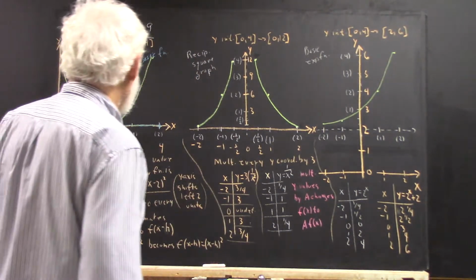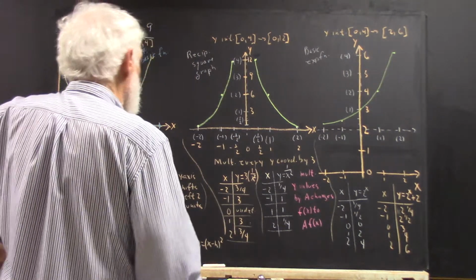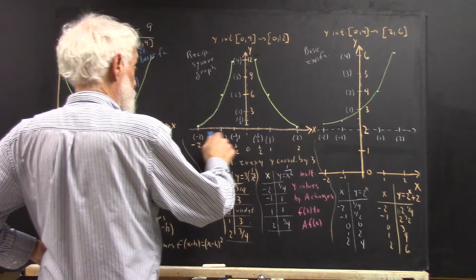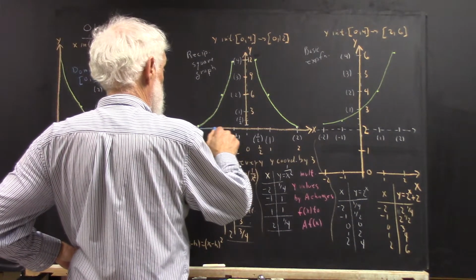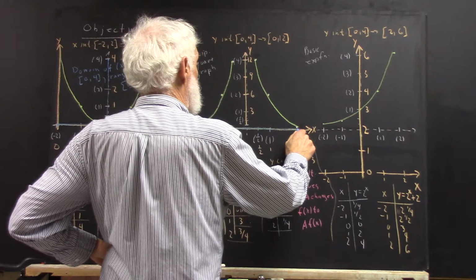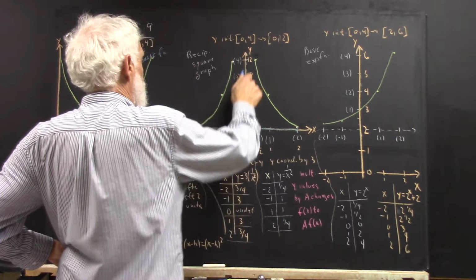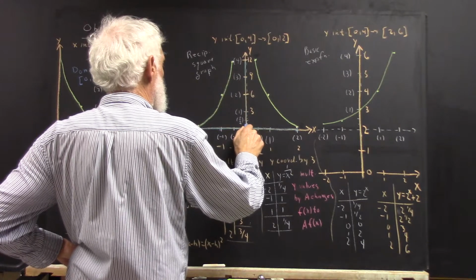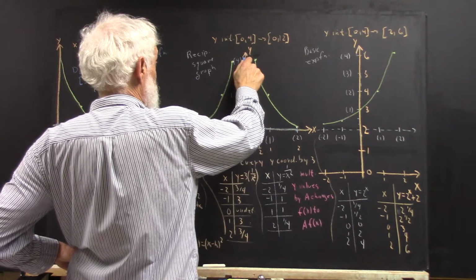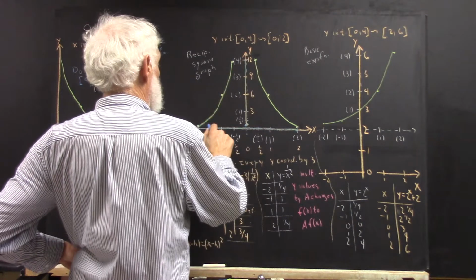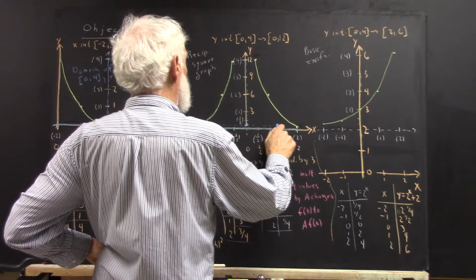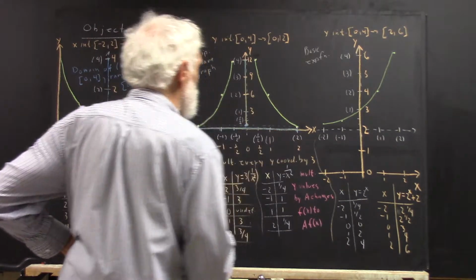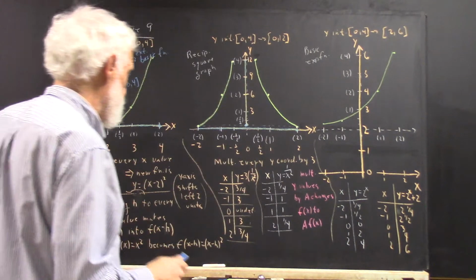Okay. Now, what's the domain here? Well, the domain goes from here to here. And the range goes from here, which is not the origin, up to here. This is where x equals 3/4.